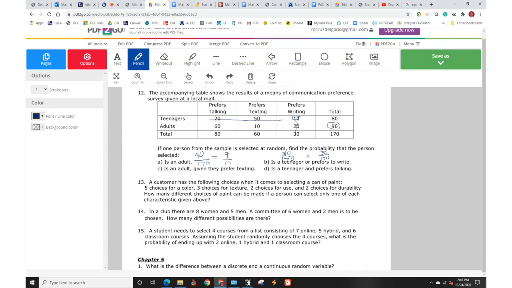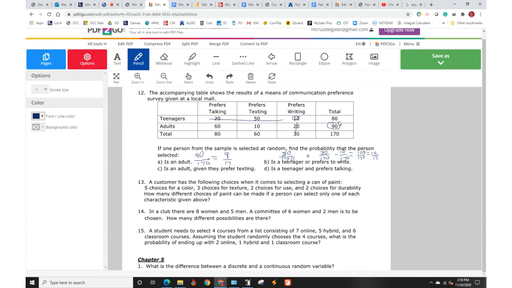When we do that "or" and they aren't mutually exclusive, then we've got to subtract that out because we're using it twice. 80 plus 30 minus 20 is 90, so that's 100 over 170, so 10/17.